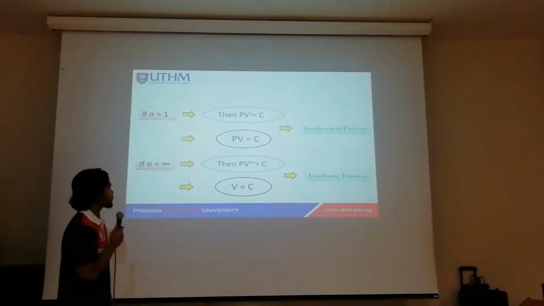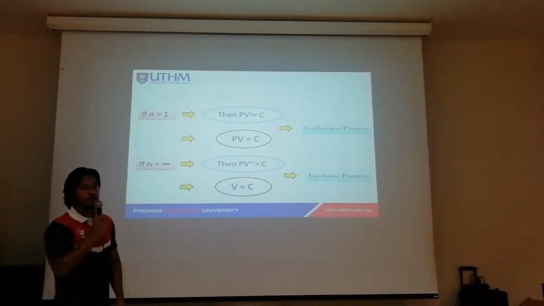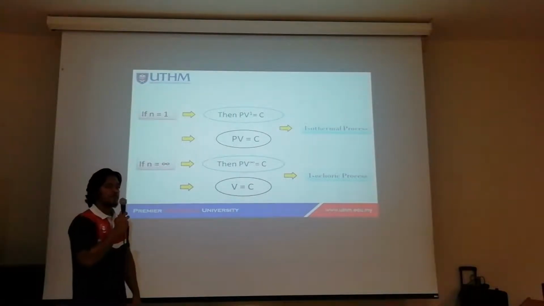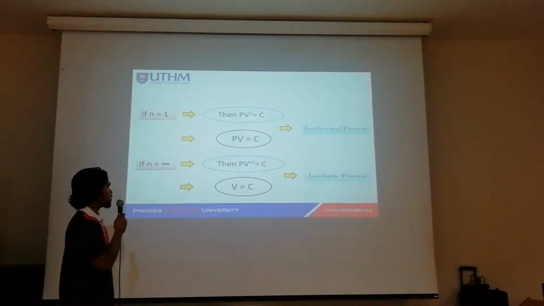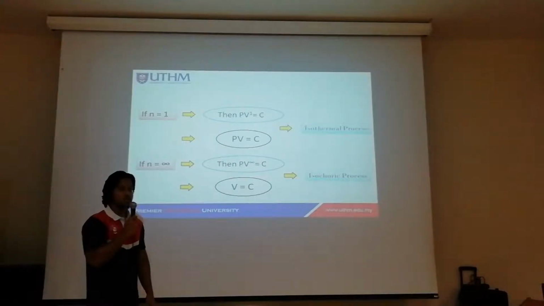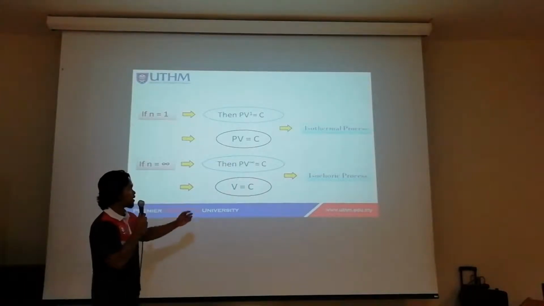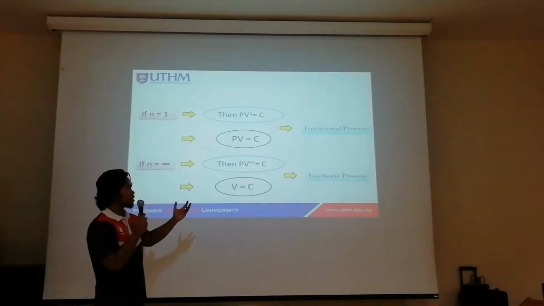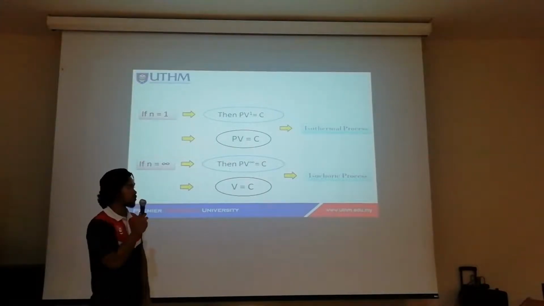Okay, next. If we apply n equal to 1, then V has the power of 1, and we have PV equals C, constant. This process has a constant temperature, which is known as an isothermal process.